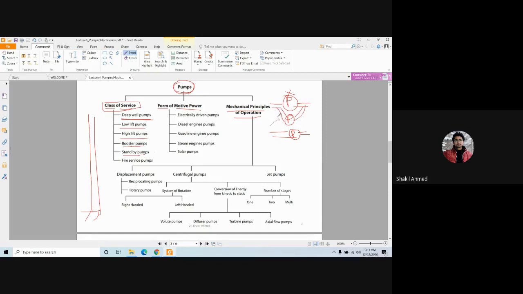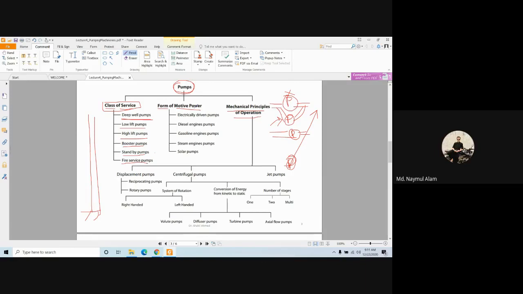This is called the standby pump. Fire service pump. In case of firefighting, you need to reach an elevated level, so you need a pump. The pump used in firefighting is called a fire service pump.